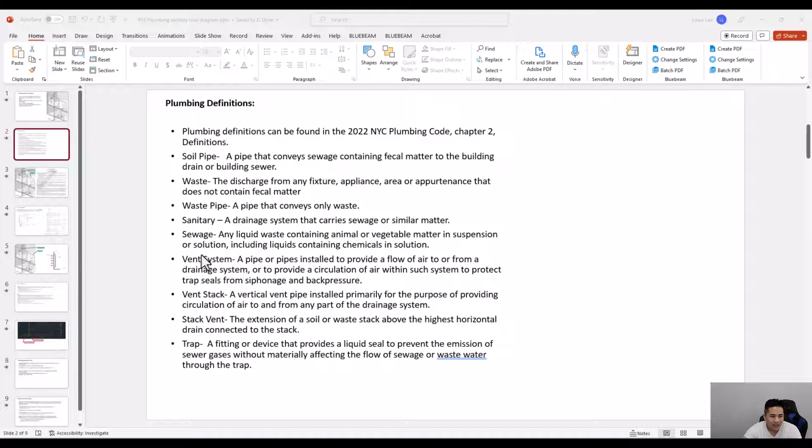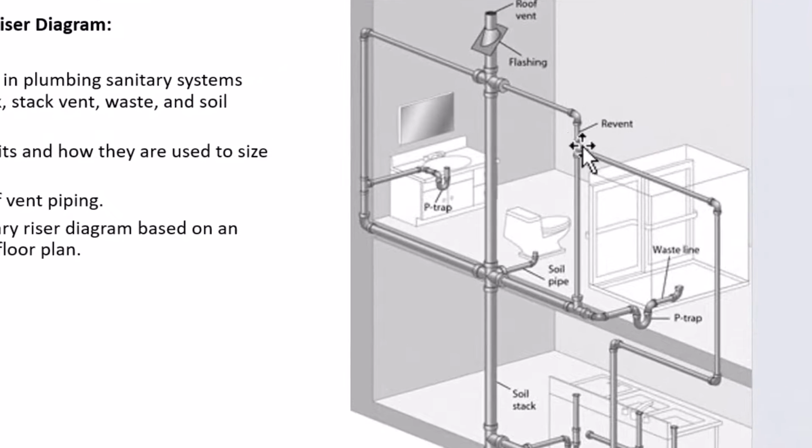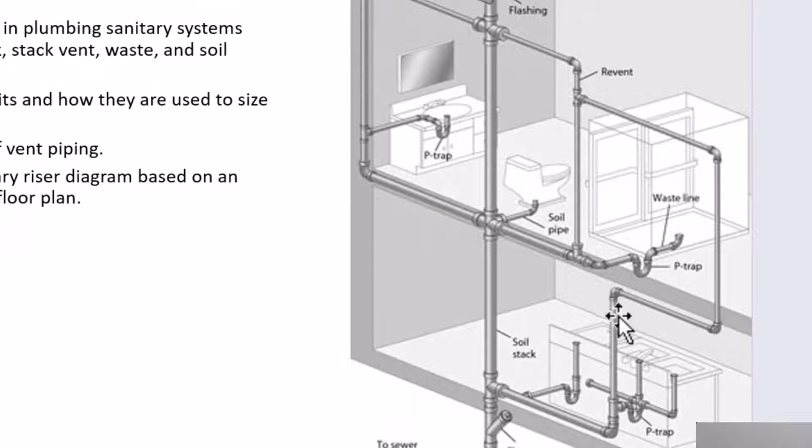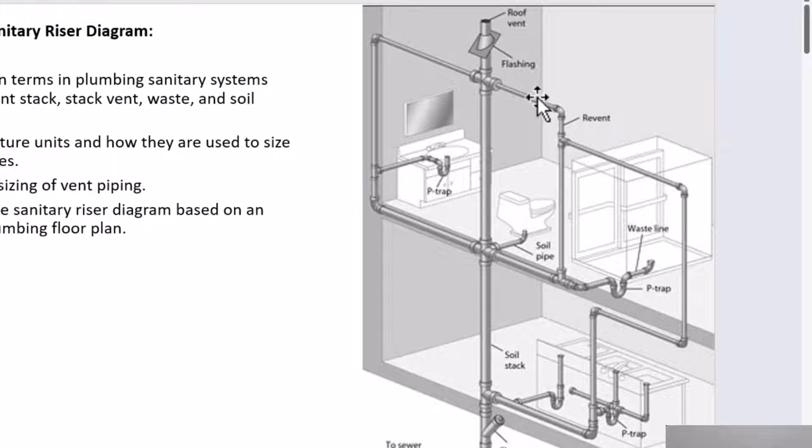So a vent system is basically, if you look at a diagram such as this, the vent would be this right here. That is providing air to the P-trap here. As you can follow this vent line, it's providing air to this P-trap here, as well as here too.